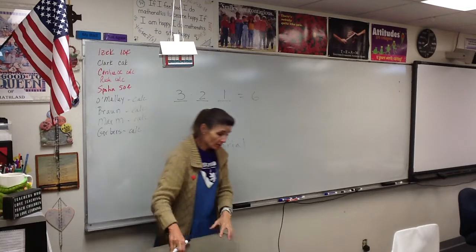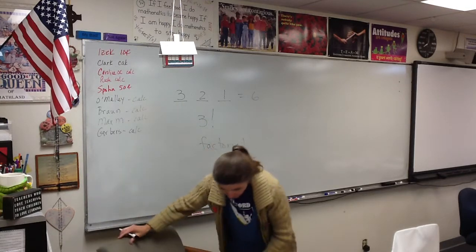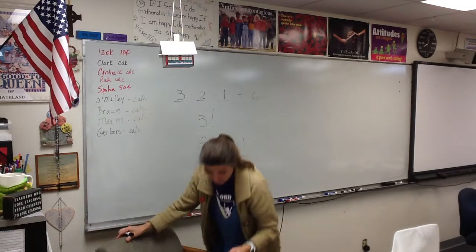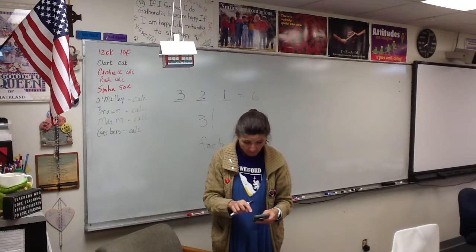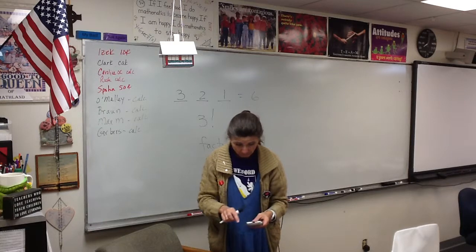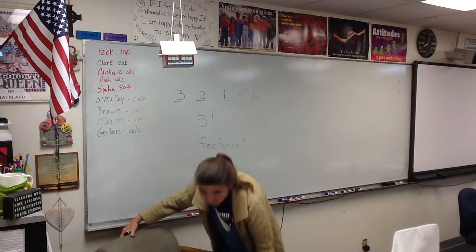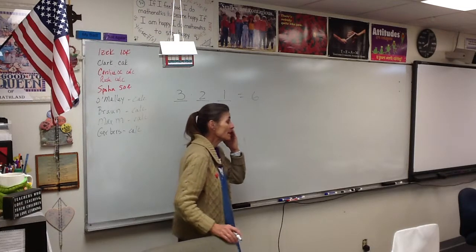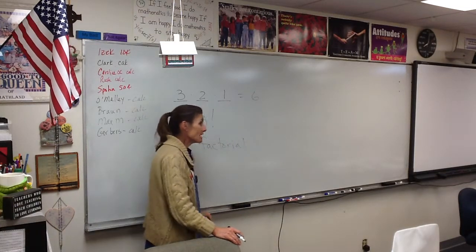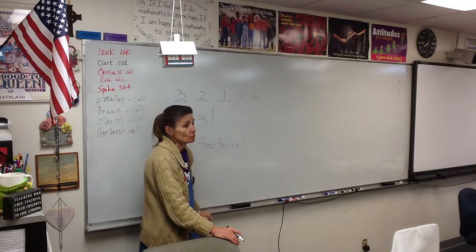So if you have your calculator, get it out. And if you don't have a calculator, you're going to want to pay attention because you are definitely going to need a calculator to do all of these calculations.